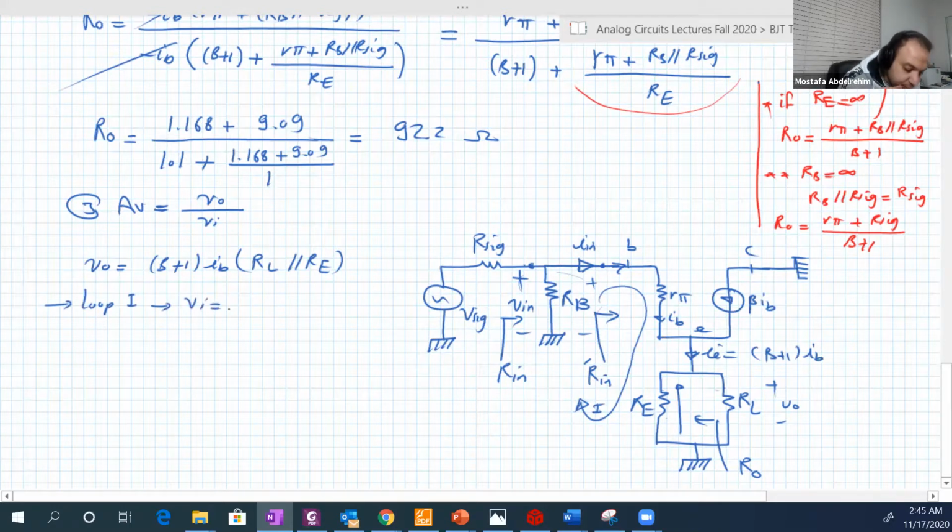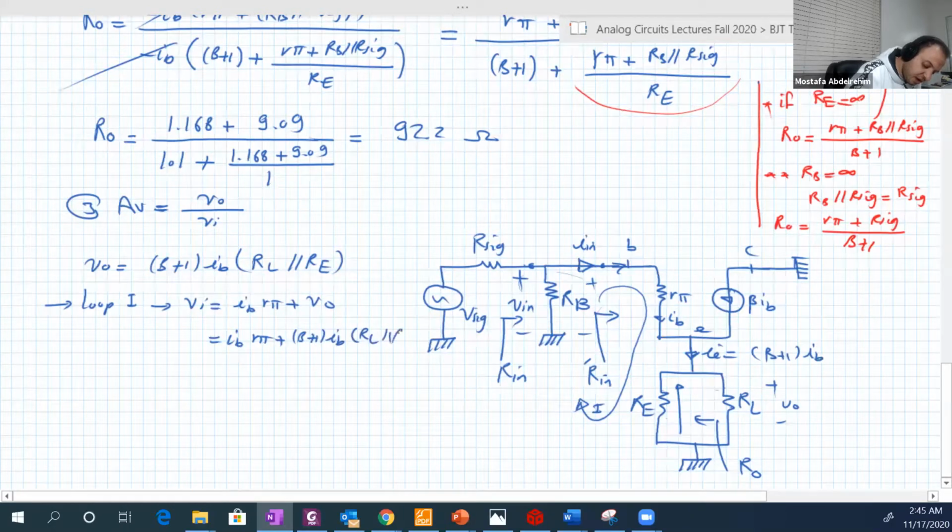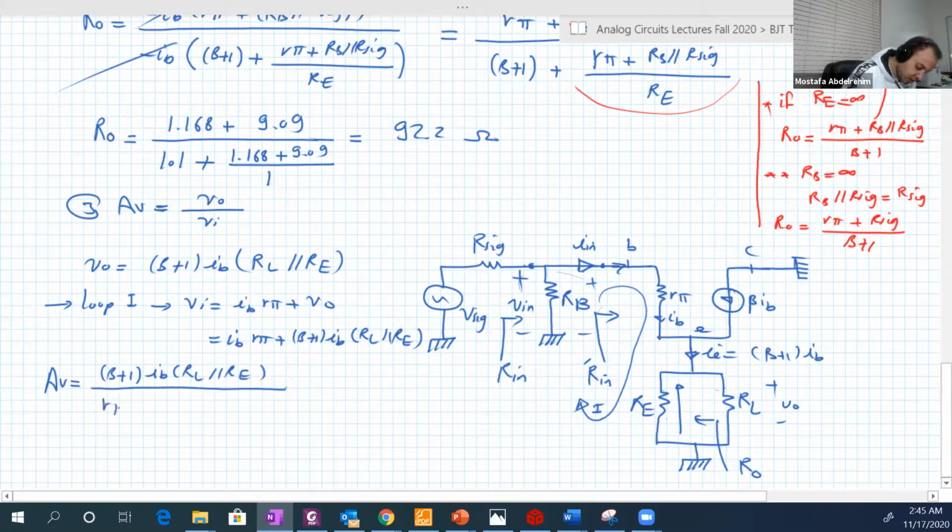the input is equal to IB R_pi plus VO, and VO is beta plus 1 IB times RL parallel RE. So AV equals VO, which is beta plus 1 IB RL parallel RE, over IB R_pi plus beta plus 1 IB RL parallel RE.